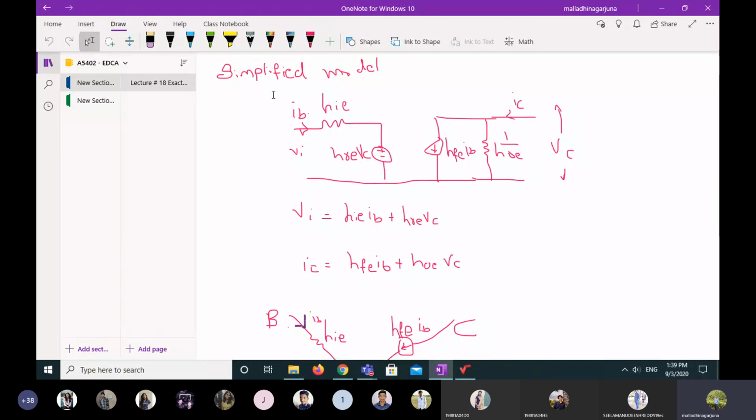Then, for the simplified model, draw the structure of the H parameter model. Draw the circuit structure.